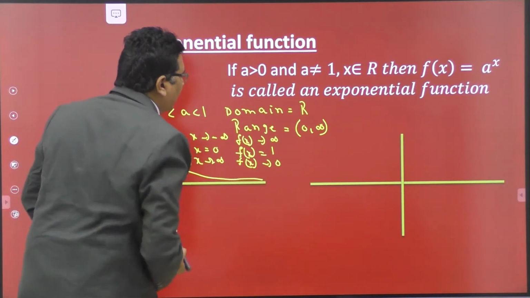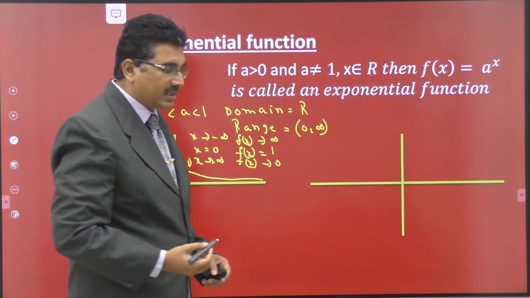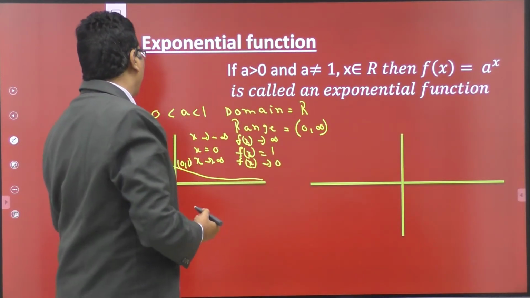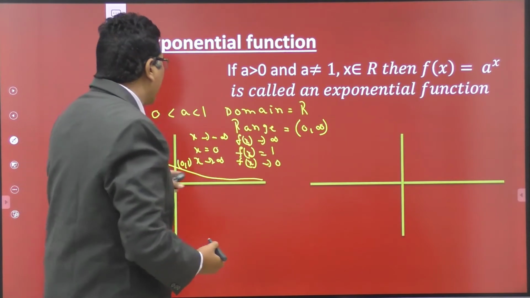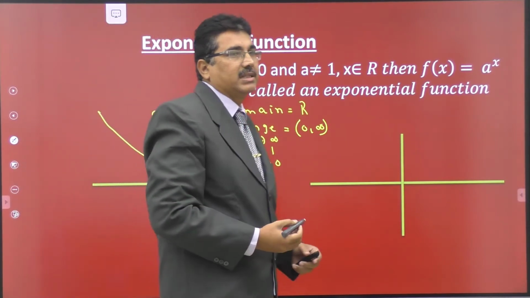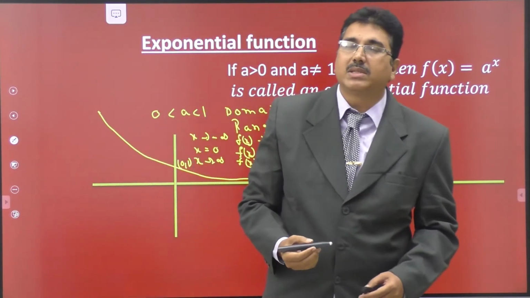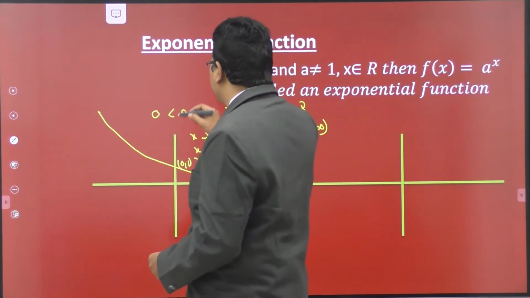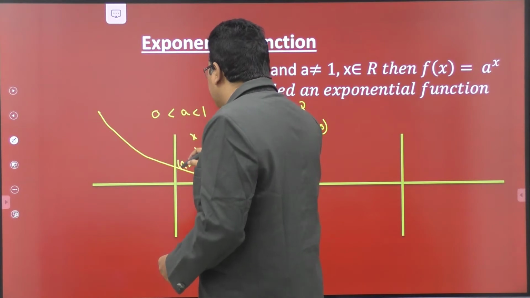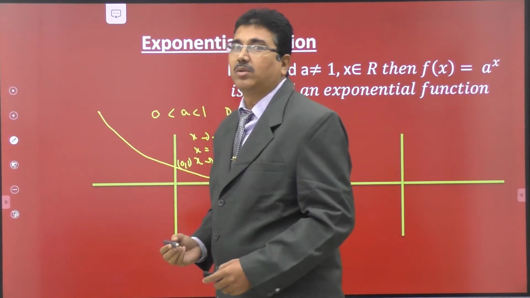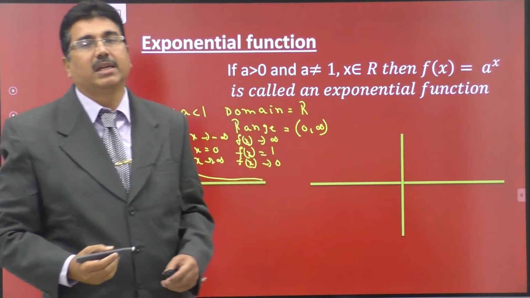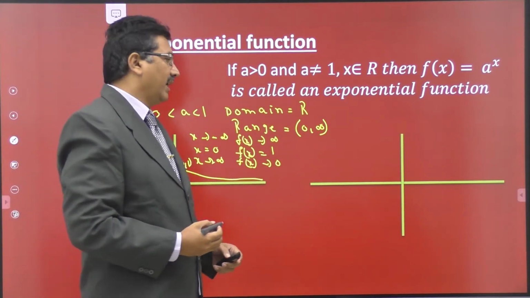As x tends to infinity, f of x tends to 0. Right. Observe the graph. As the values of x increase, the values of a power x decrease. So in this case, f of x equal to a power x is a decreasing function.